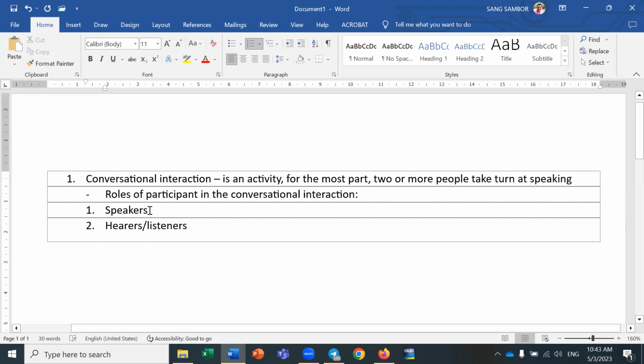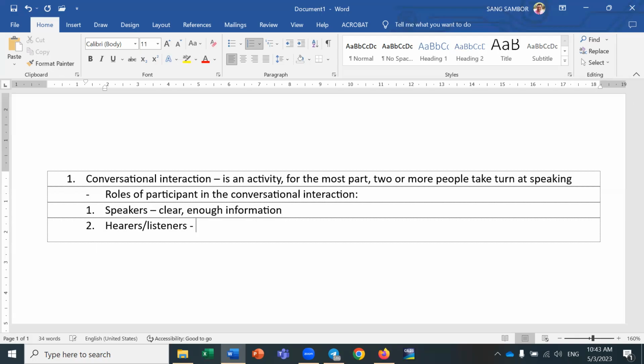When they are taking their role as a speaker, they will have to speak clearly. They will have to speak using clear enough information in order to help the listener understand.